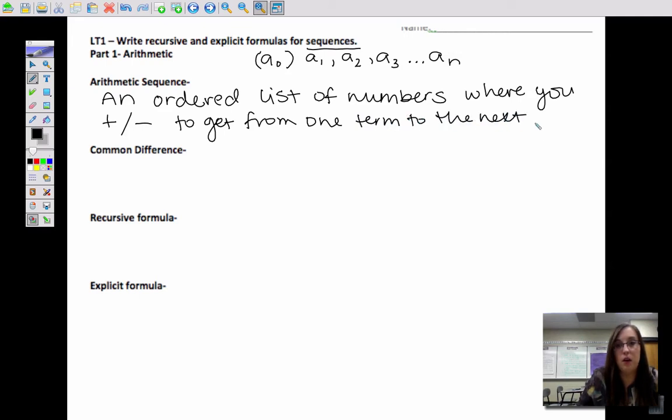Okay, so we're adding or subtracting to get from one term to the next. And what that number is called, we usually call that d. That's the common difference.